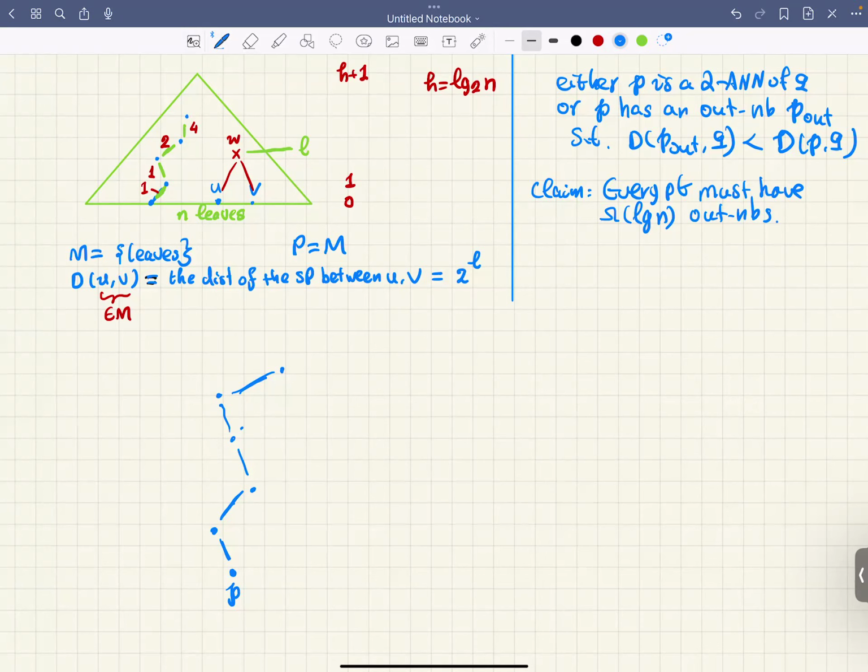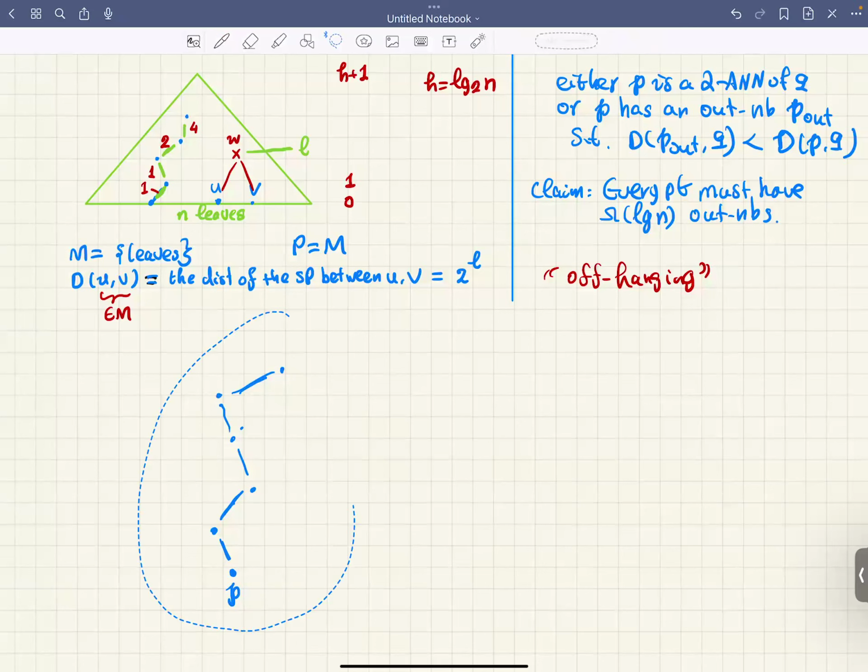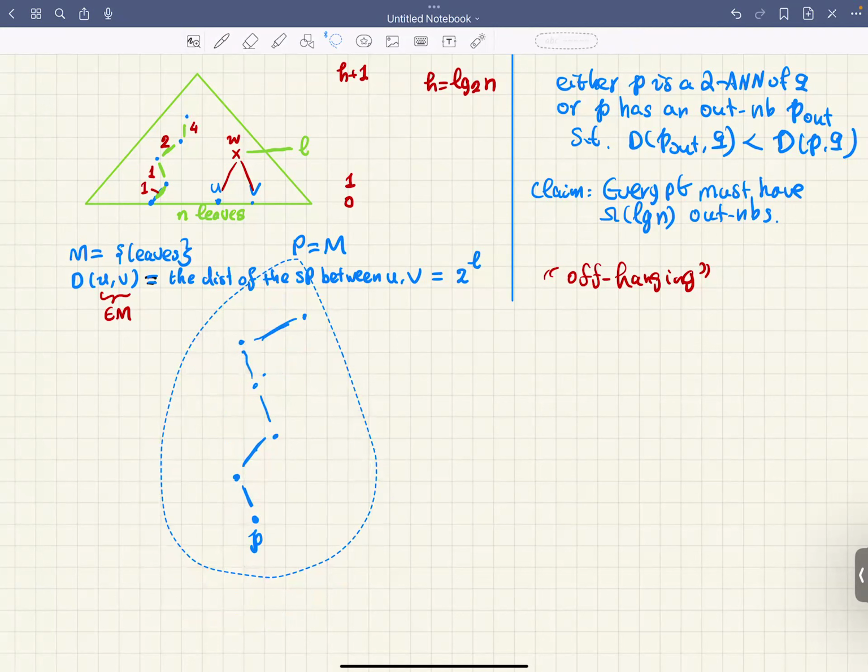Good. Now I'm going to define a notion called off-hanging subtree. Off-hanging, hey, that sounds cute. Now what do I mean by off-hanging? Look, here, this is a path already, right? Let me move this up a little bit so that you can see better.